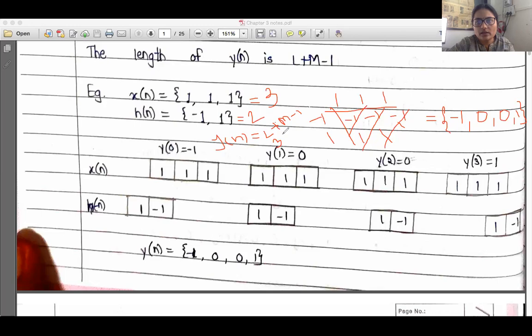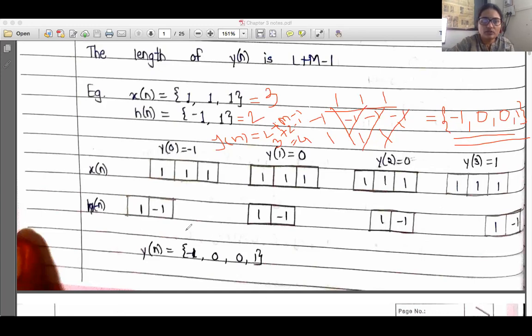L किती आहे? 3 आहे. m किती आहे? 2 आहे. And this is -1. So length of this sequence 3 plus 2 -1. So this is 1. So length of output sequence is equal to 4. म्हणजे by the formula किती यायला पाहिजे? length 4. आणि इथं आता आपण लिनियर कन्व्होल्यूशन अप्लाय केल्यावरती आउटपुट सिक्वेन्स ची लेंथ किती आली? 4 येते.